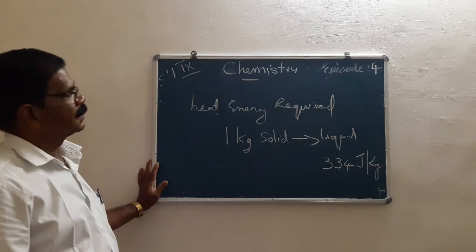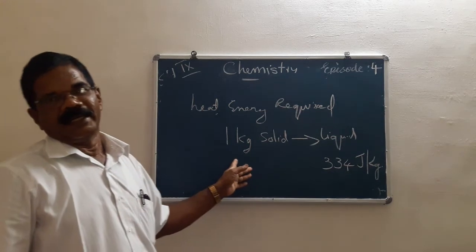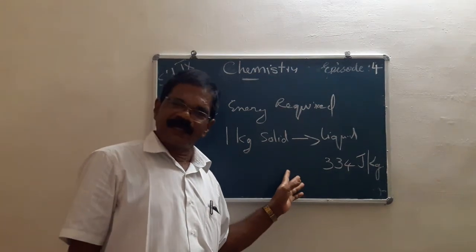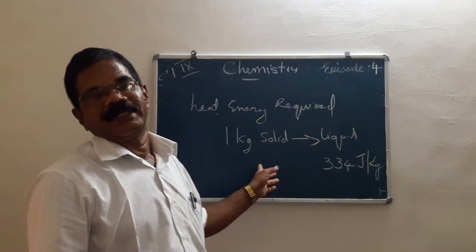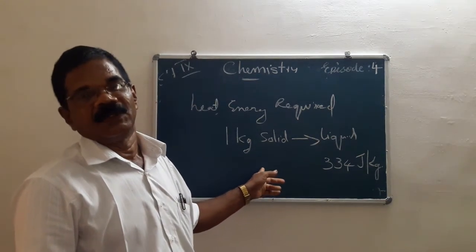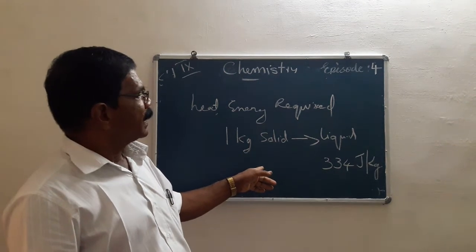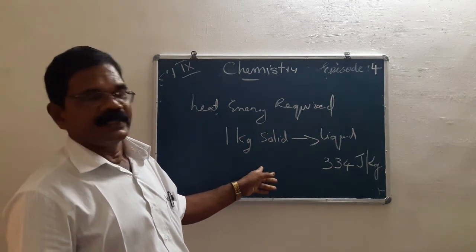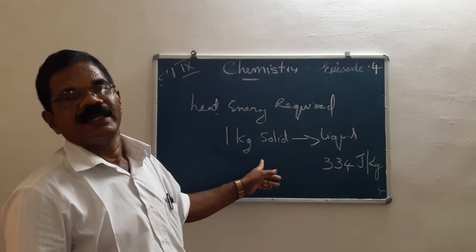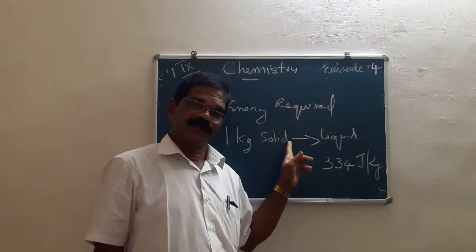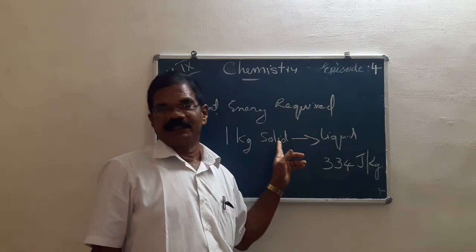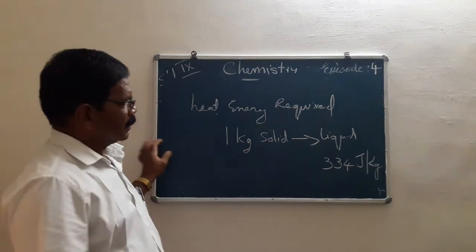That means we can redefine the latent heat of fusion: the amount of heat required, in joules, to convert 1 kilogram of solid to liquid at atmospheric pressure. Heat is measured in joules.